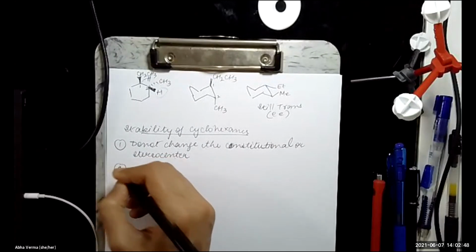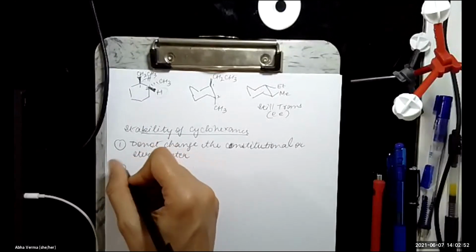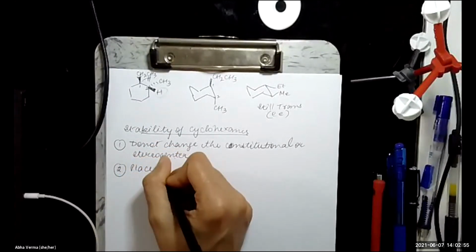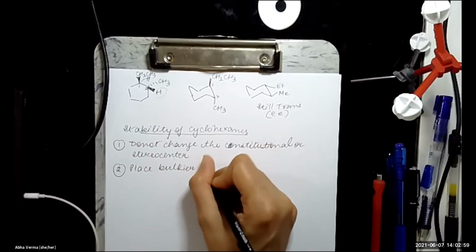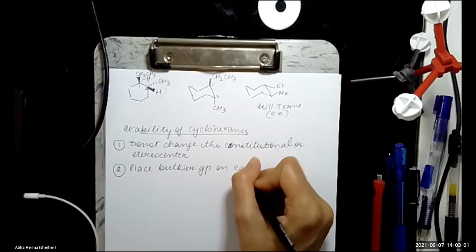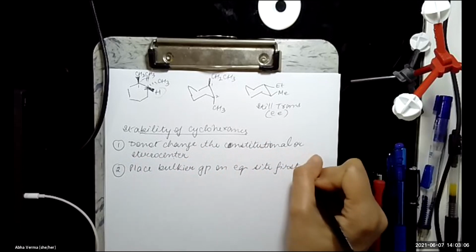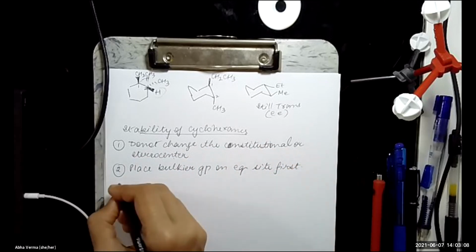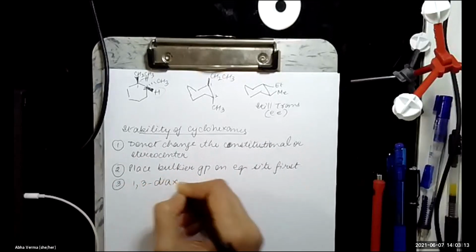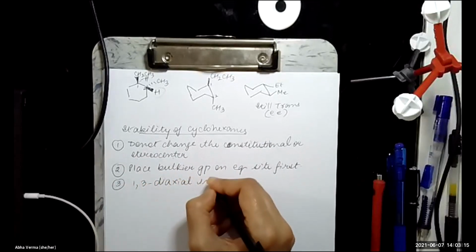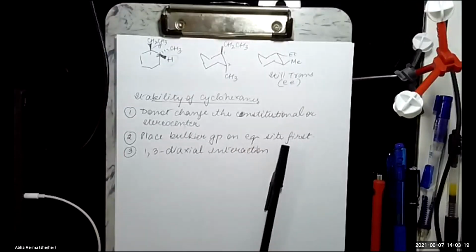When you're asked to draw any molecule, please remember to place the bulkier group on the equatorial site first. Also remember not to have any 1,3 diaxial interactions.